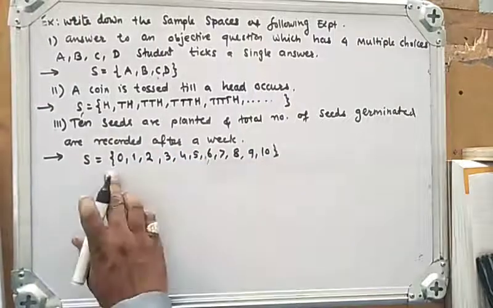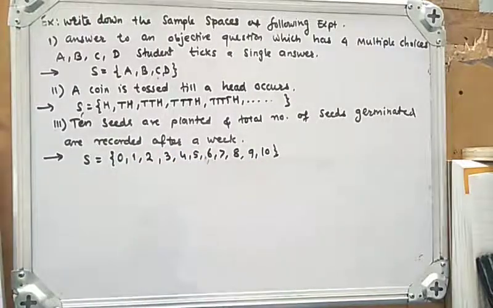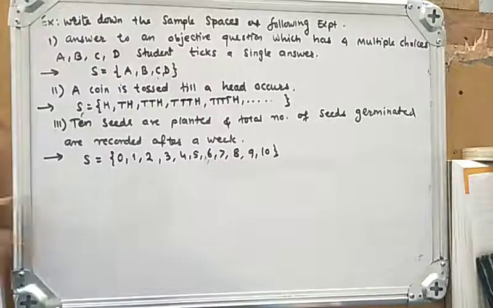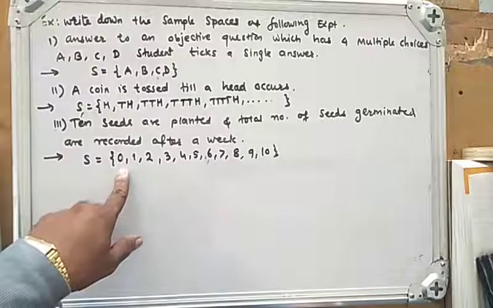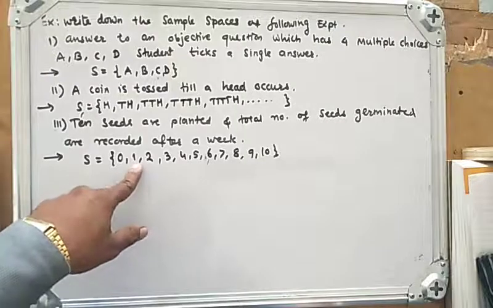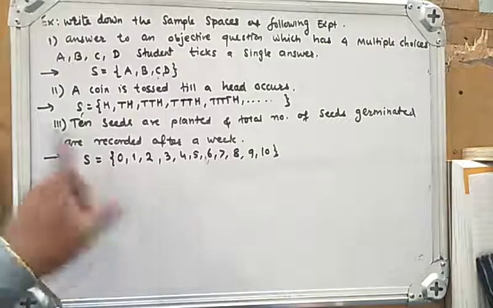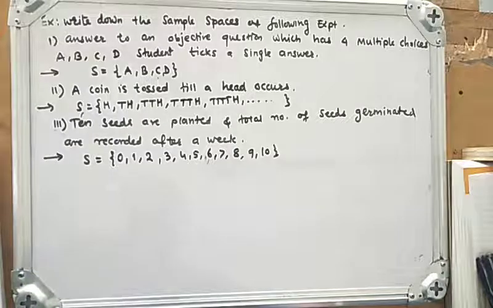So there are 0, 1, 2 and so on up to 10, meaning a total of 11 sample points. Because 0 means no seed germinated, 1 means only one seed germinated, and so on up to 10. So these are the only possible sample points in that set.